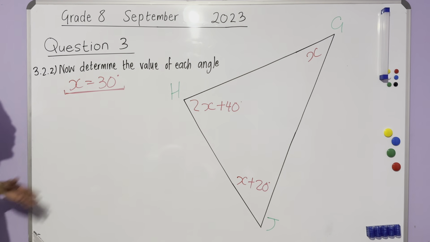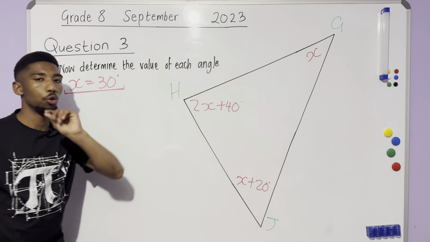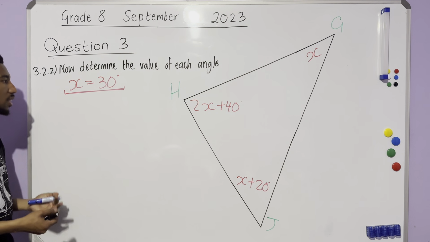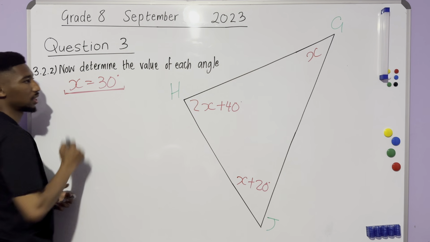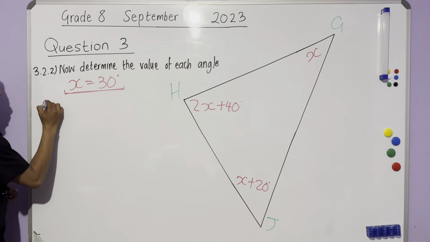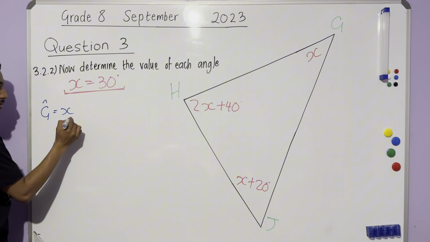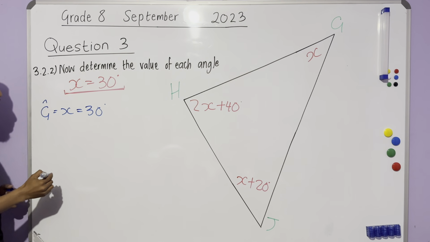In the next question, we need to now determine the value of each angle. We're going to use the information we just learned from the previous question, that x is equal to 30 degrees. So we start off with angle G. Angle G is simply x, which means angle G is simply 30 degrees.